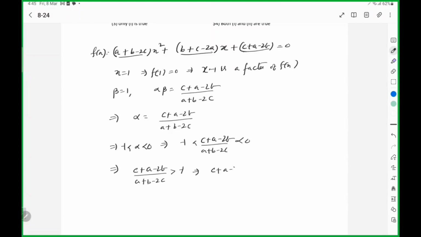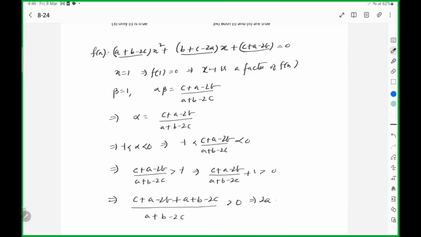So c plus a minus 2b plus a plus b minus 2c by a plus b minus 2c is greater than 0. So here it is 2a minus b minus c by a plus b minus 2c is greater than 0.